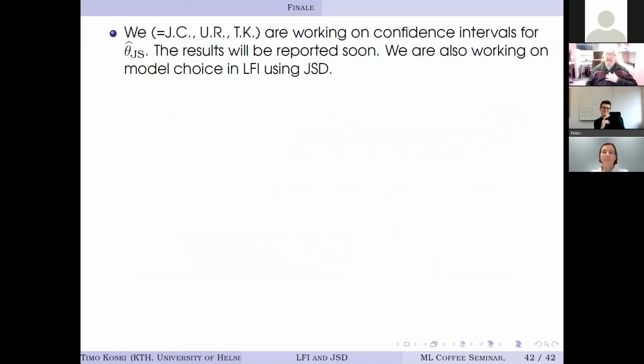So we are working on confidence intervals for this Jensen-Shannon divergence, and we are also working on model choice in likelihood-free inference using this JSD. Now, there obviously the solution might be to use some of the established criteria, and then simply instead of using the maximum likelihood, which is always there, you use the maximum or the minimum JSD.